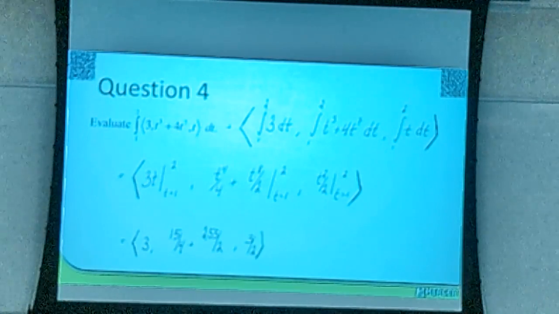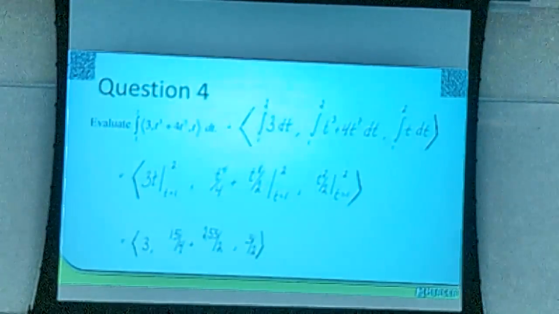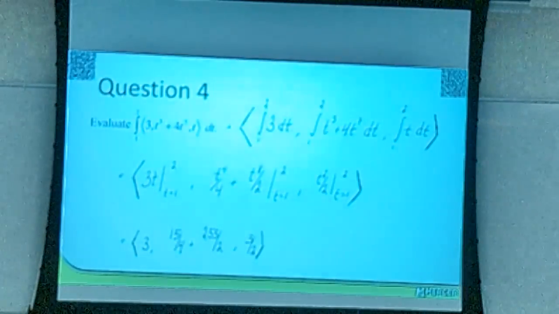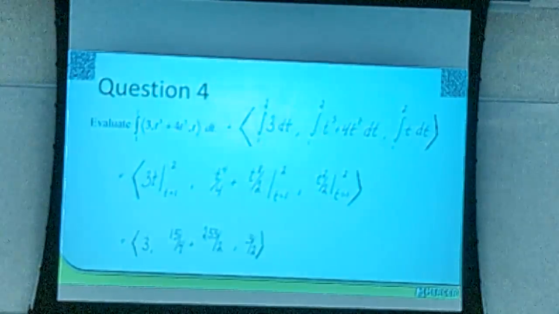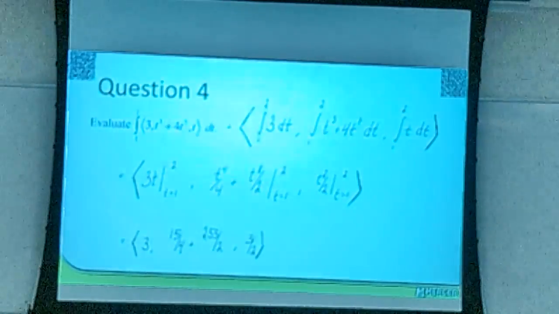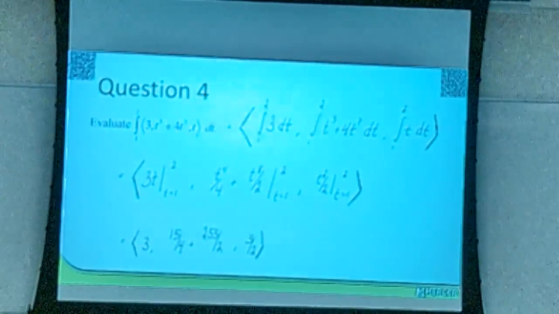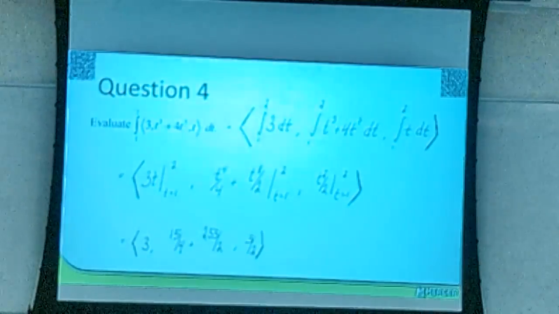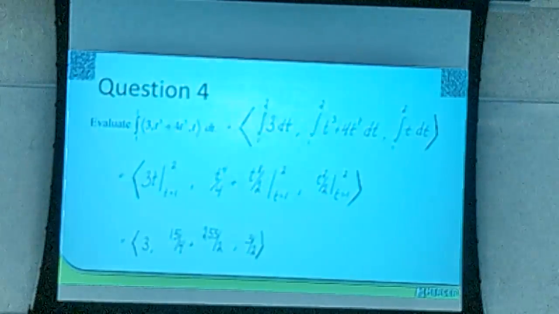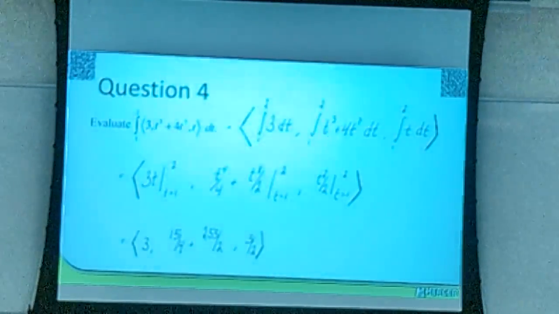Now it's just a matter of what is 15 fourths plus 255 halves. Well, 255 times 2 is 510, right? Add 15 to that. It's 525 over 4.